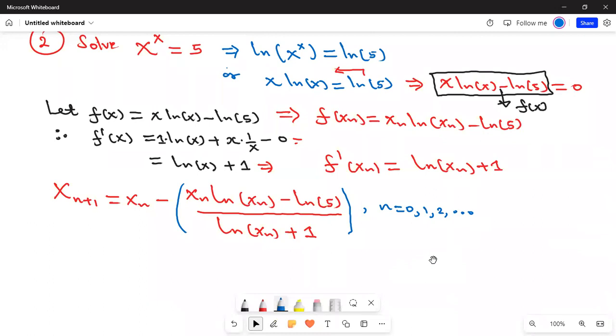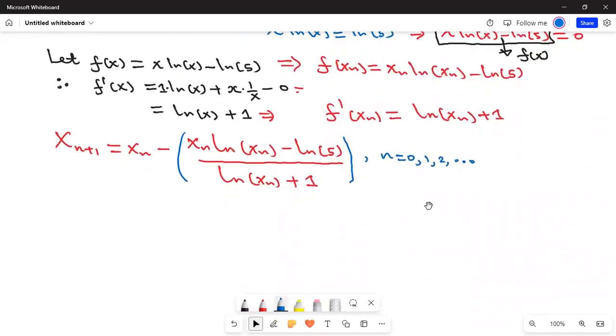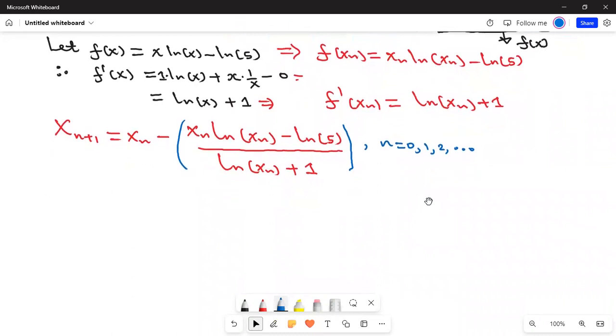We are going to investigate the sign of f of x and check where f of x changes signs.